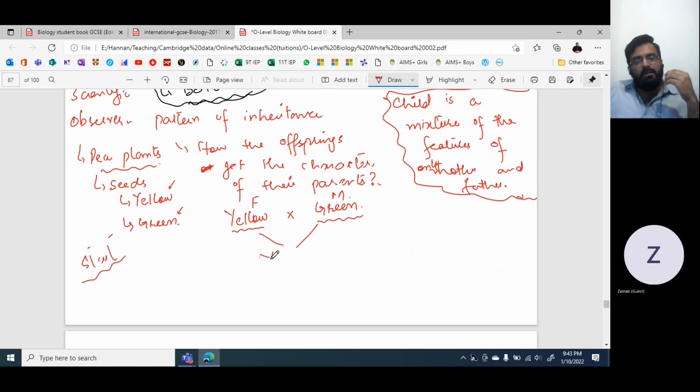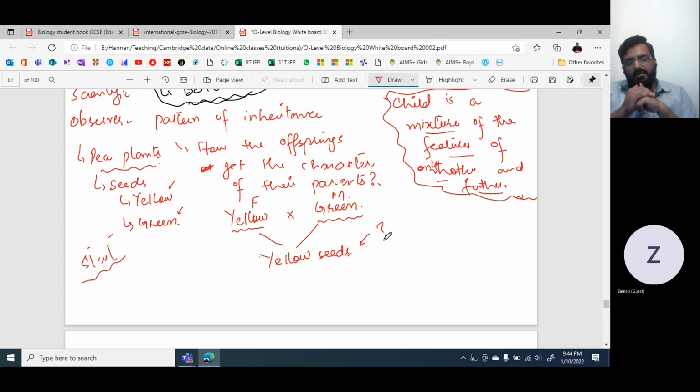All the offspring produced yellow seeds. Does this make sense? As I have said, in the 1800s it was a very strong concept that a child is a mixture of the features of mother and father. So where is the mixture here?